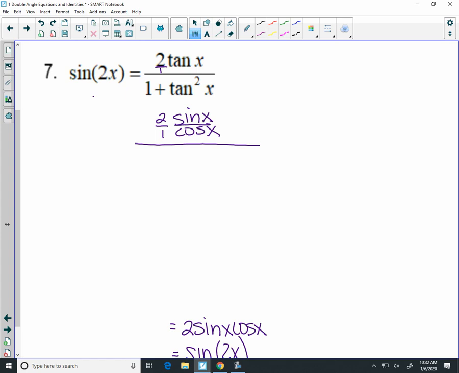What do you want to change the 1 plus tangent squared to? You can change it to sines and cosines. I mean, you can change the tangent squared to sine squared over cosine squared. Oh, or you could change that to secant squared.